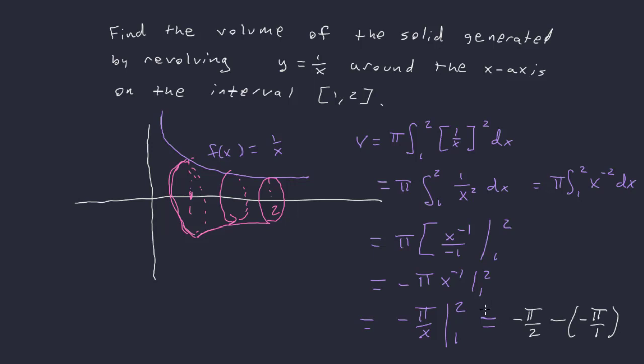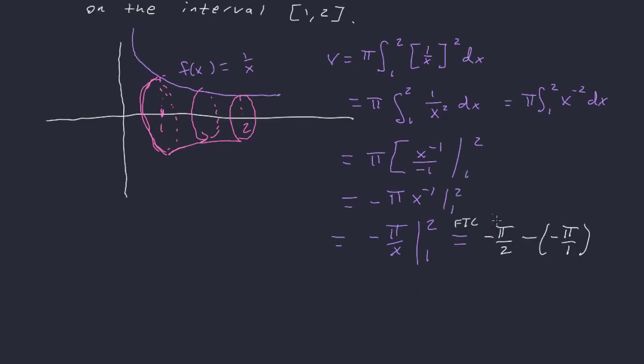This is our fundamental theorem of calculus step. And what ends up happening is negative pi over 2 plus pi. So the whole thing comes out to be pi halves. So there's the volume of this odd looking shape here.